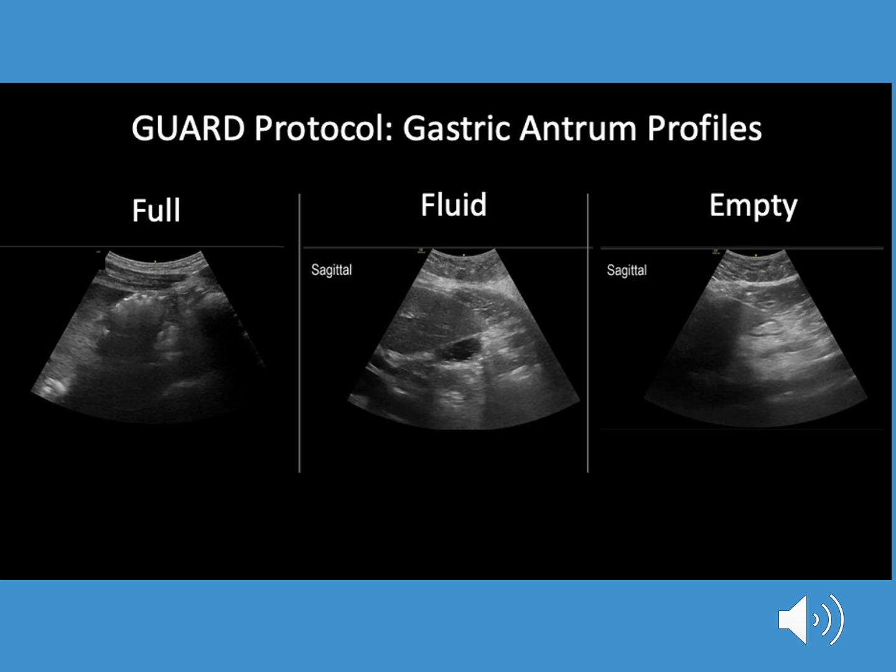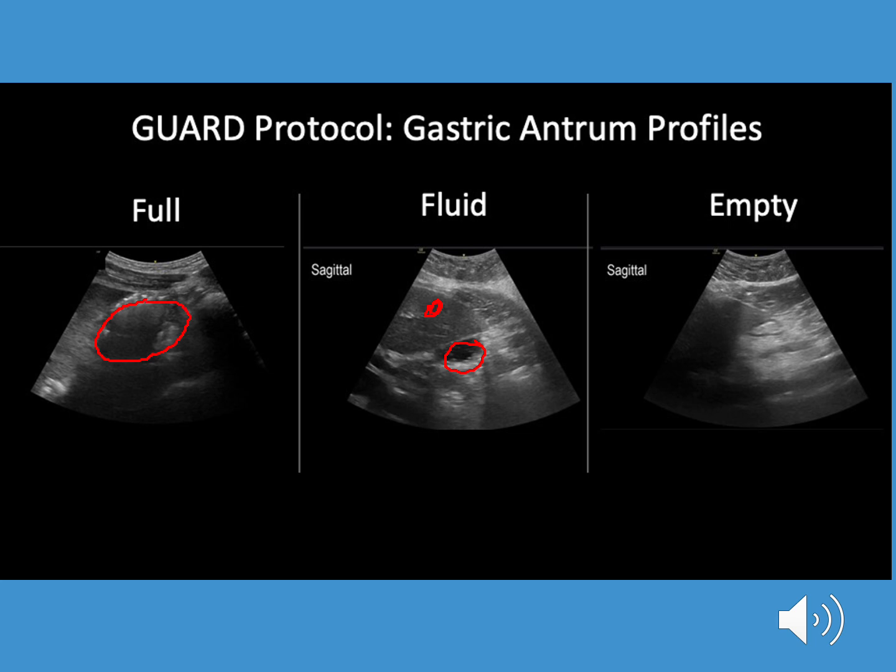Here we have some ultrasound images of a stomach. To review some of the anatomy, right here we see the liver. What we're looking at here is the antrum of the stomach. So when your stomach is filled with fluids, it'll appear black within the antrum of the stomach. In this image to the left, this is the outline of a distended stomach digesting fluids and solids.